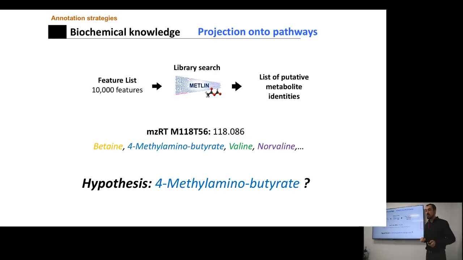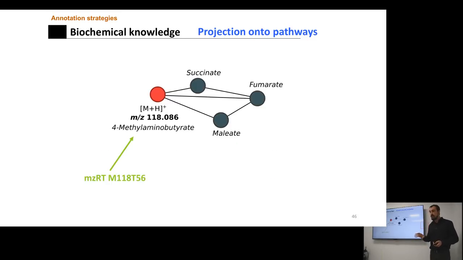Let's assume that this feature here could be any of those metabolites, and let's assume that it could be this 4-methylamino butyrate. Okay, let's take this compound and project it into its corresponding pathway.